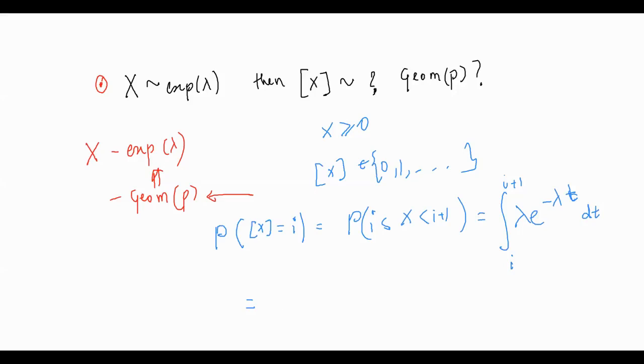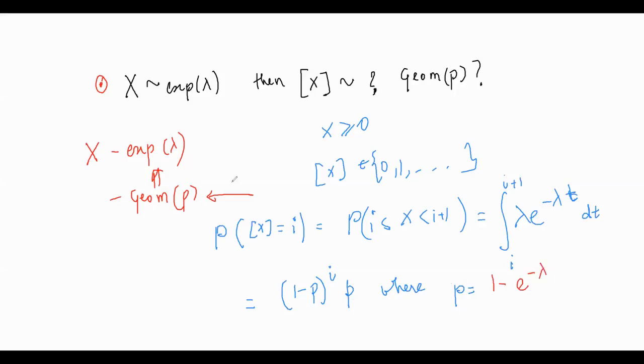If you do the integral, you will get that it's equal to (1 minus p) to the power i into p, where p is equal to 1 minus e to the power minus lambda. I leave the computation to you. It's in fact written in the corresponding offline file. You can easily prove this.